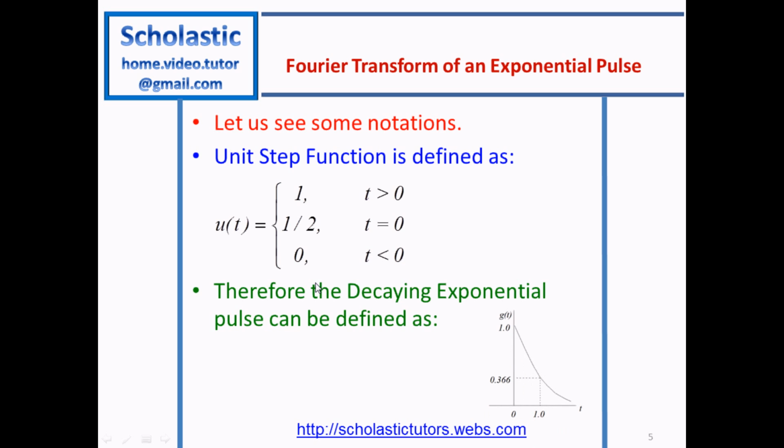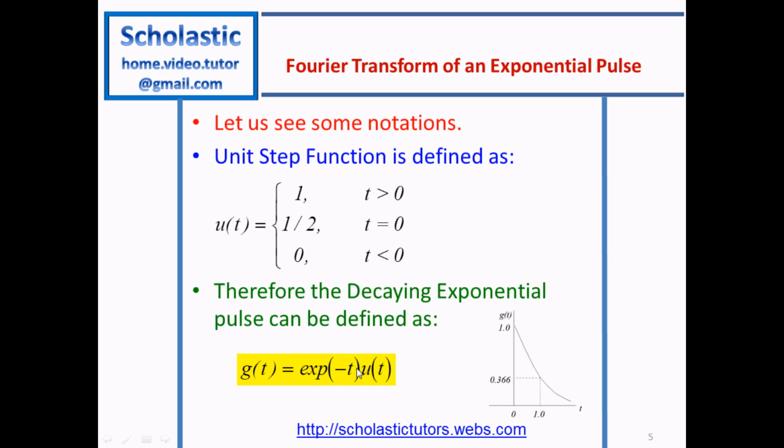So therefore we can write an equation for the exponentially decaying pulse here with u(t) and exponential minus t. This exponential of negative t can continue for negative values of t also, which will go like this. But to get a function for the exponentially decaying pulse here, we need to consider values of t starting from 0.